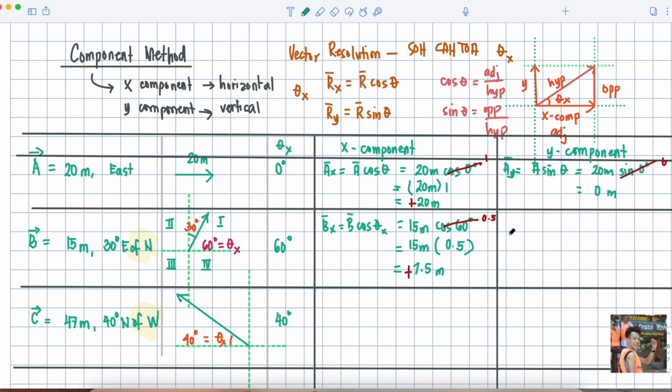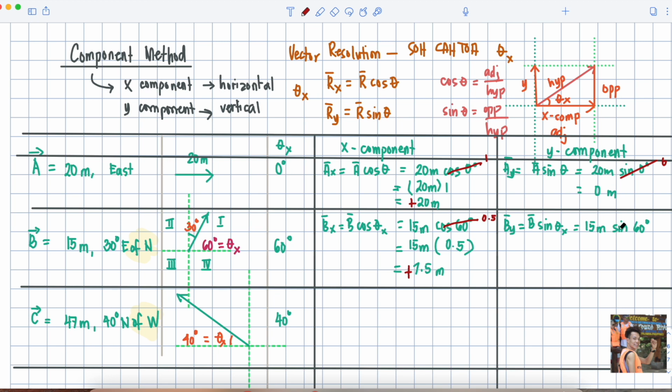Let's compute for the y component of vector b. The y component of vector b could be computed using by is equal to b sine theta, and the angle must be measured along the x-axis. So, we use 60 degrees. Substituting now the values, we have 15 meters sine of 60 degrees, equivalent to 0.866.